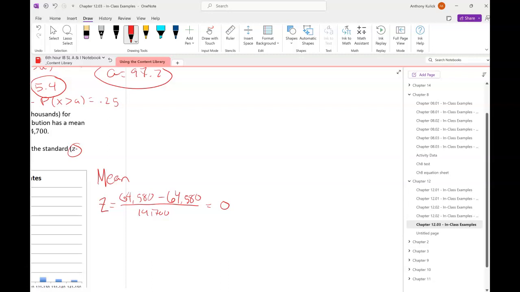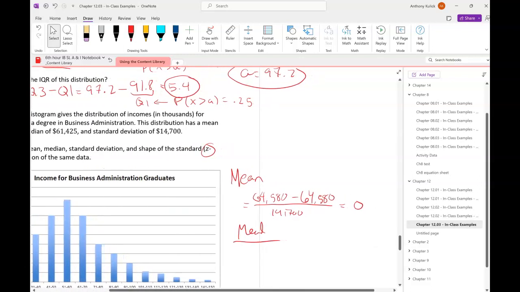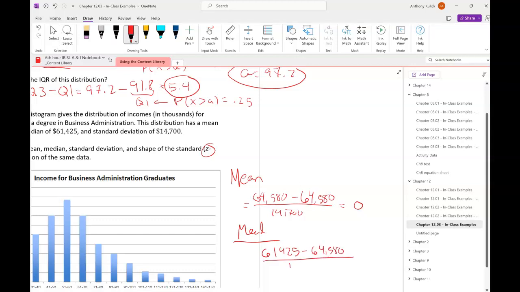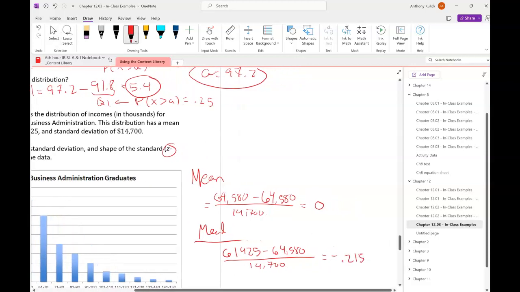Our new median is going to be the median minus the mean divided by the standard deviation. We're just going to convert that to a z-score. Whatever that comes out to, let's see, what do I have? Negative 0.215.